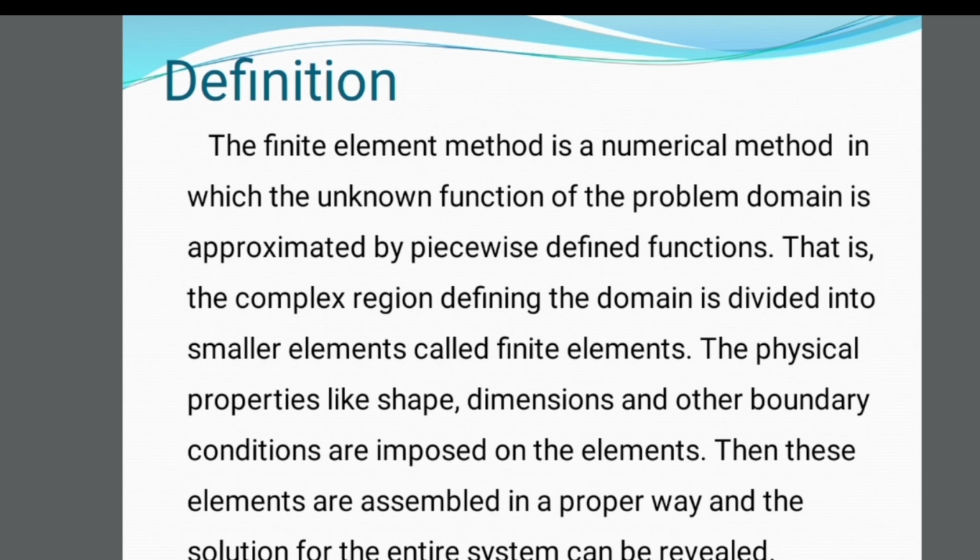Initially, whatever the problem is, it can be divided piecewise, otherwise known as element-wise. These are known as finite elements. The physical properties like shape, dimension and other boundary conditions are imposed on each element. Then these elements are arranged in a proper way, which gives the final solution to that problem. So this is the definition of the finite element method.